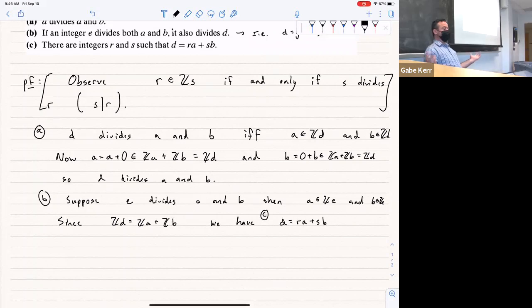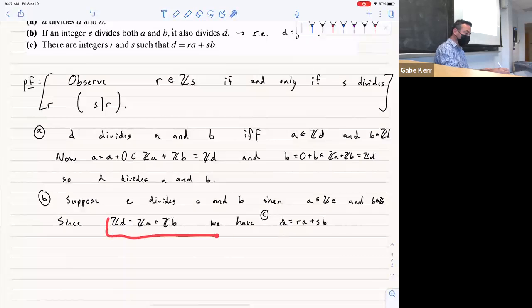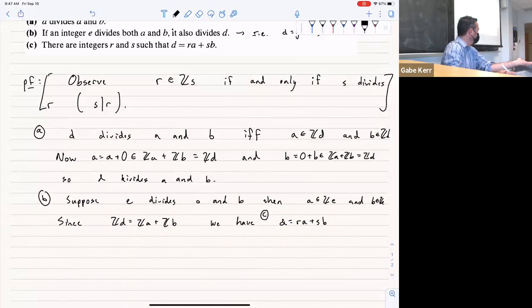ZA is the set of all elements that look like a multiple of A. So saying D is in here is saying that D is of this form, right? So we have C. I'm not going to prove that separately. But now we know that A is in ZE, so R times A must be in ZE, because that's just E added to itself R times, or negative if you have a negative.